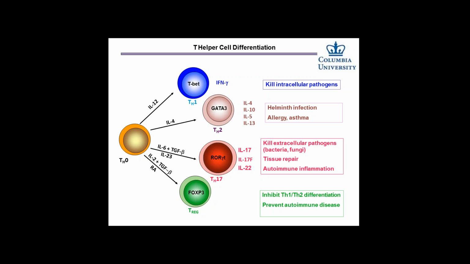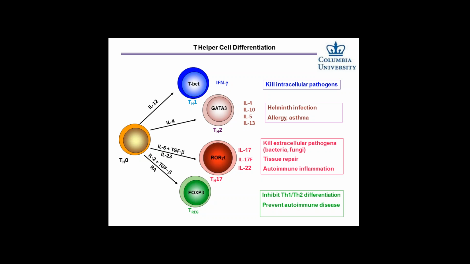And we recognize several types of effector T cells that, depending on their function, we know the Th1 cells are responsible for killing intracellular pathogens, Th2 cells respond to helminths, and the two cell types that we've been focused on are Th17 cells, which are important for clearing extracellular pathogens such as bacteria, especially fungi at mucosal surfaces, and regulatory T cells, which are of course important for suppressing or tuning down effector responses once the infection is cleared.